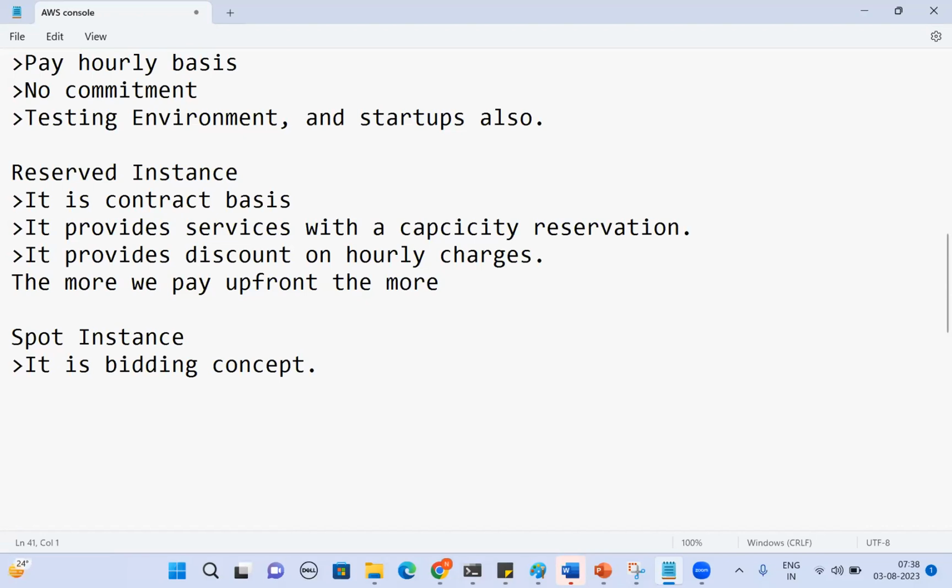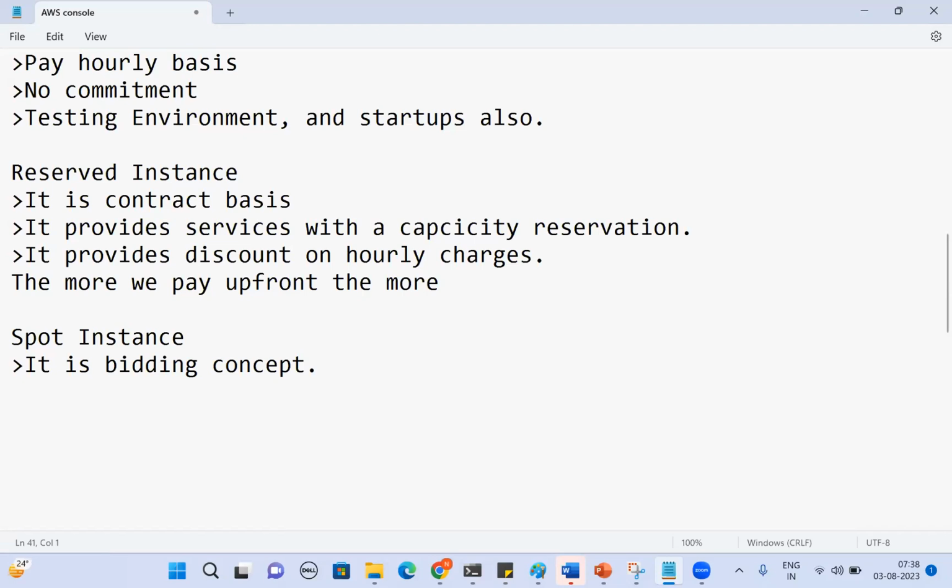But the one limitation here is, suppose you have bid for a machine for, let's say, $20 for 20 hours, or let's say 30 hours. As soon as the 30 hours complete, the instance will automatically shut down, and you will lose access to the instance.